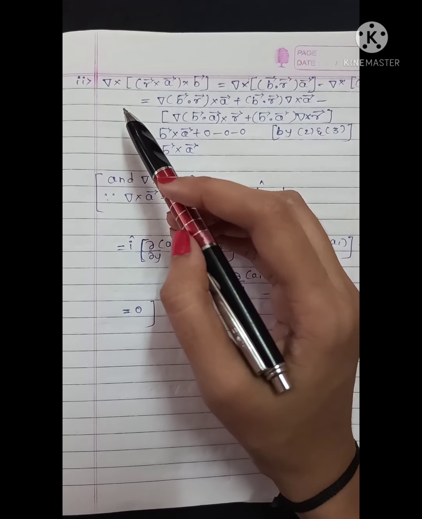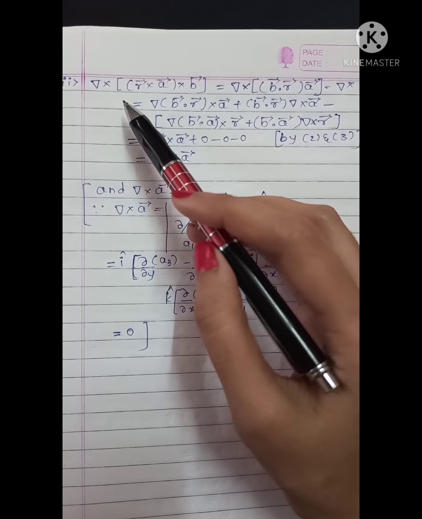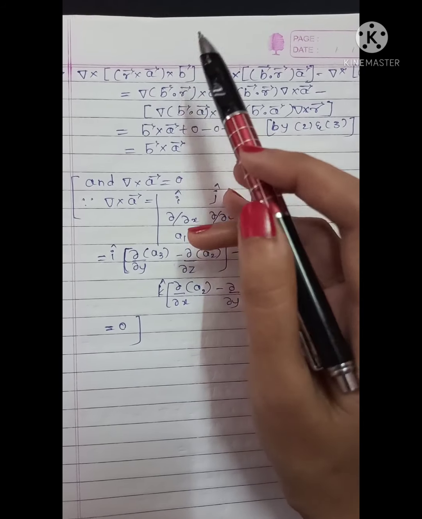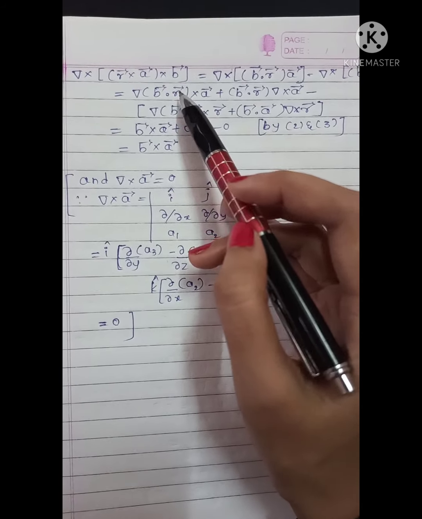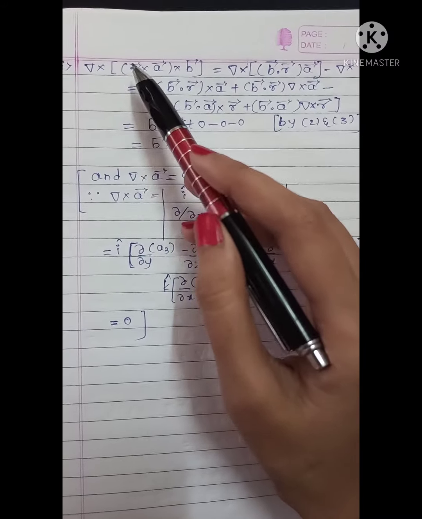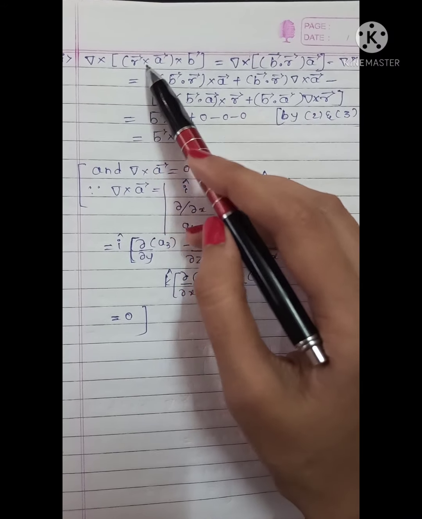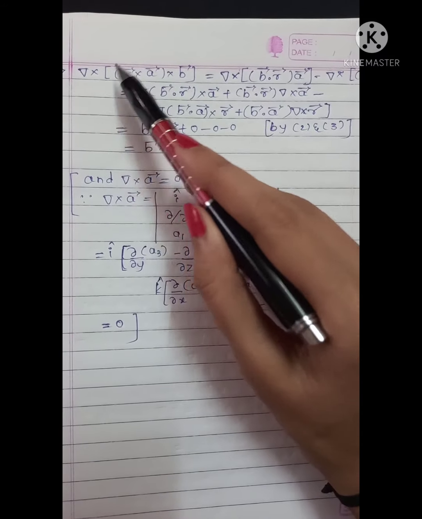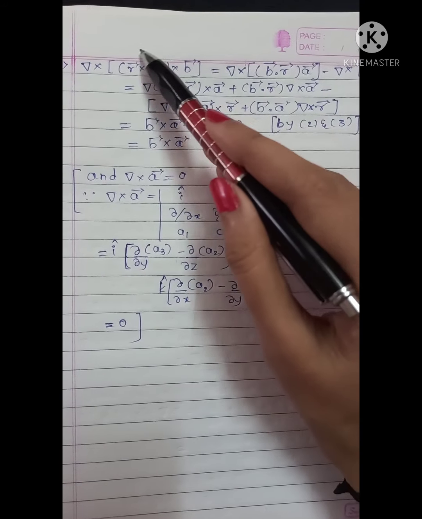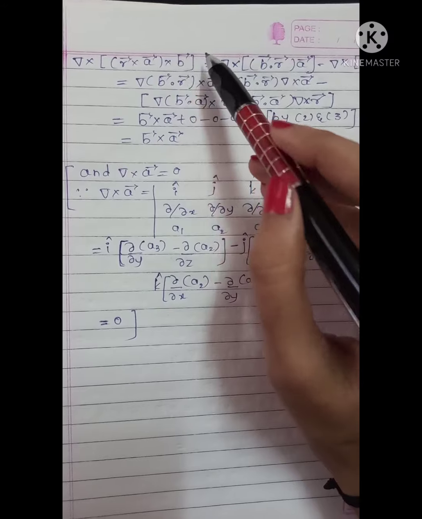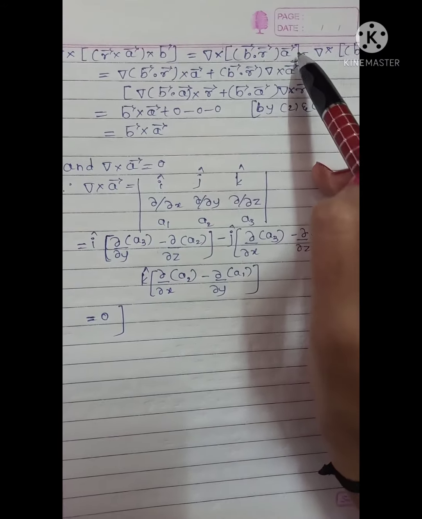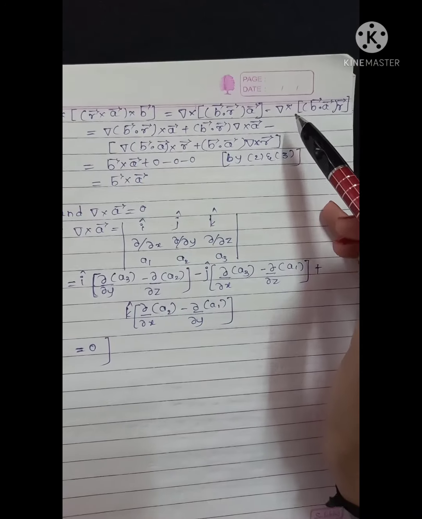Second condition, we have to calculate the value of curl of vector triple product of r, a and vector b. Therefore, consider del cross vector triple product of r, a and b, which is equal to del cross as it is. We can write this value by using vector triple product as b dot r into vector a minus again del cross as it is.